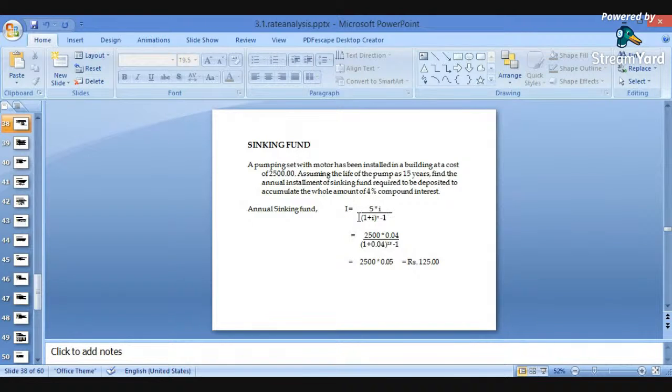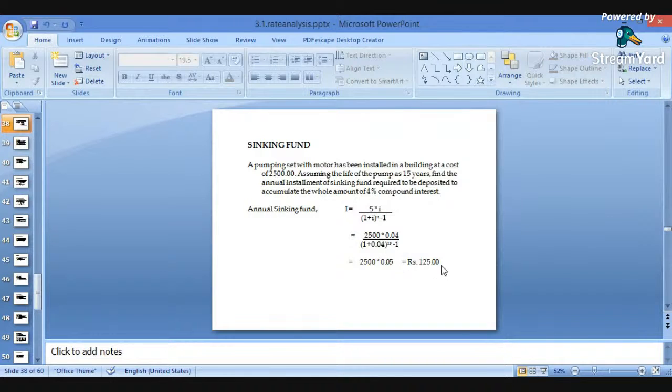So how to find out the sinking fund? I is equal to the same formula, S into i divided by (1 plus i) raised to n minus 1. Here S is 2,500, multiplied with i, which at 4% is 4 divided by 100, that is 0.04, divided by 1 plus 0.04 raised to the number of years, 15, minus 1.